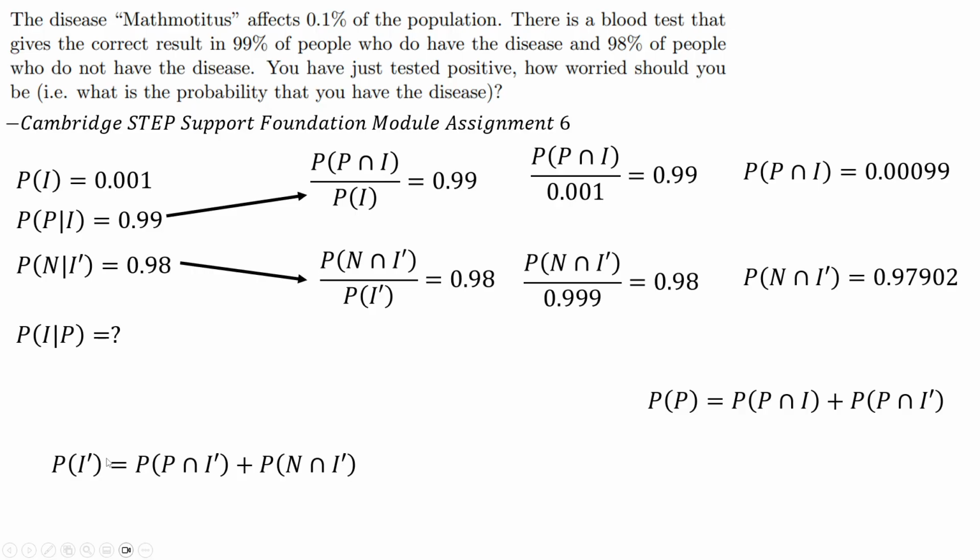So if I'm not infected, either I've tested positive or I tested negative, and this encompasses everybody here. I'll just say that one more time. If I'm not infected, I either tested positive or negative. I don't know which one, but this here must be true, because this sum here must just add up to everybody who's not infected.